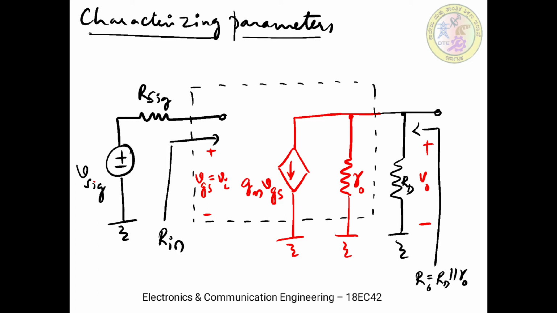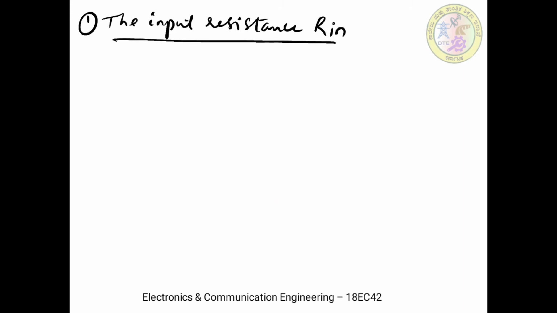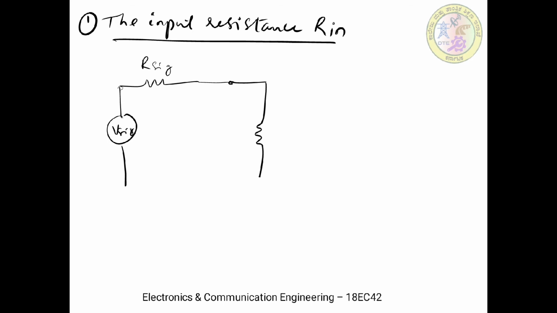So therefore let us assume that this is our equivalent circuit. You have RSIG, and we are providing the signal source, that is VSIG, and from these terminals our amplifier starts, and between these two terminals VI will appear.